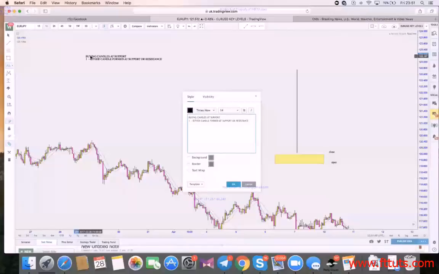You understand this? Support will be a level below and resistance will be a level overhead. Ceiling is resistance, floor is support, guys. You guys understand this? It's an extremely important question to consider. First of all, before you read the candlestick, before you see the candlestick pattern and decide what pattern it is, the important thing is where it has formed.